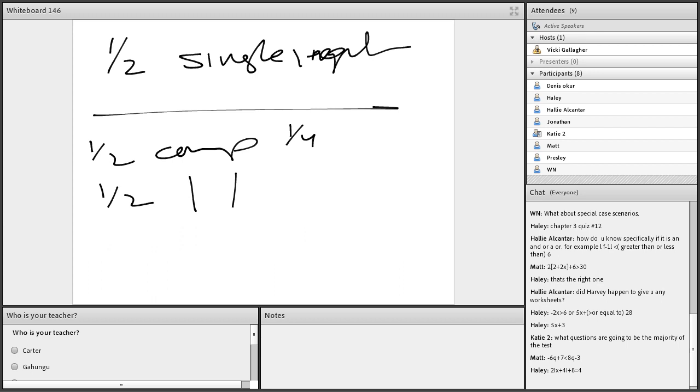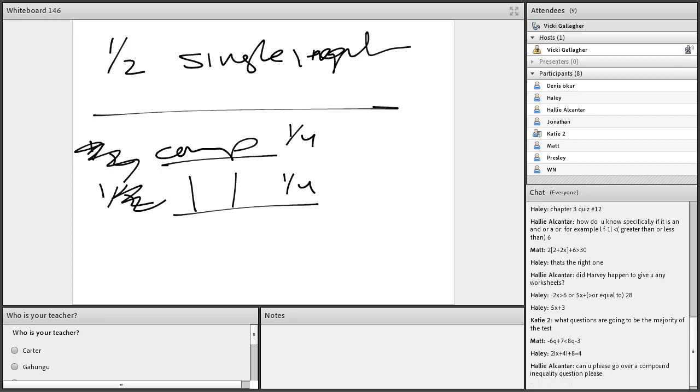So what is that actually, like a fourth and a fourth? Half of a half. We can do fractions. We're doing math class right now. So I think that's about the breakdown. I don't think it's too intensely compound and absolute value. If I had to choose the one that happens the most, it's probably the normal straight up single inequality.